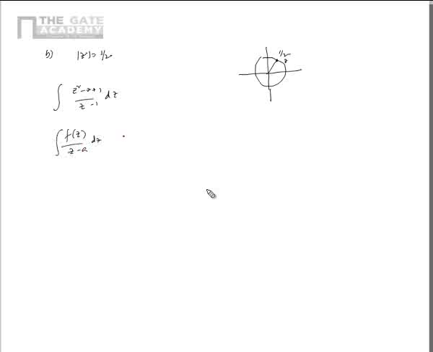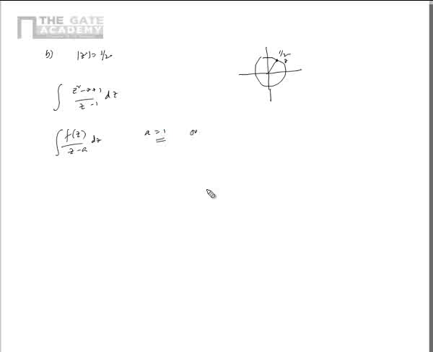Let's evaluate the second case, where the curve has radius 1 by 2, and point z is here. Now the integral of z square minus z plus 1 by z minus 1 dz. Comparing with the form f of z by z minus a, we come to know that a is 1 here.